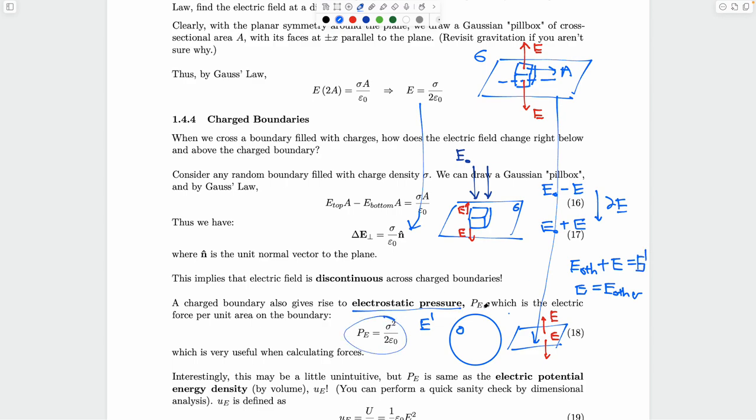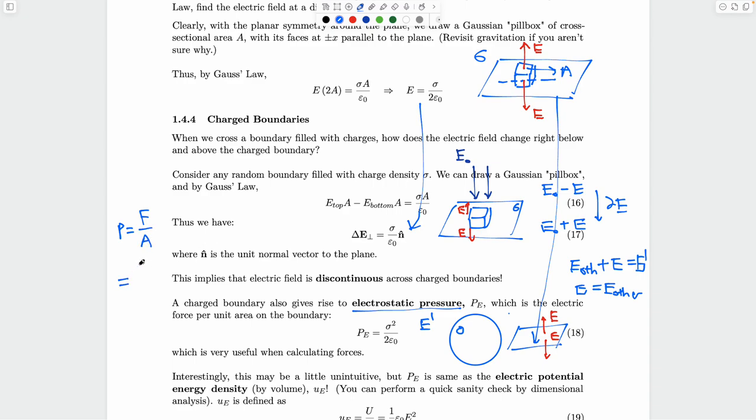And how does that yield this? It basically says that you can just take, so if you guys know, pressure is force over area, right? Oh, my handwriting is terrible. Pressure is force over area.